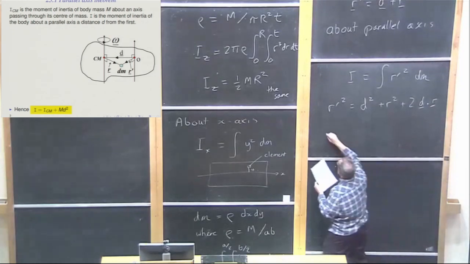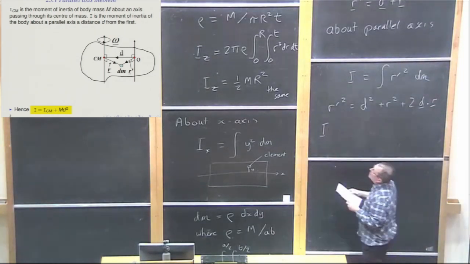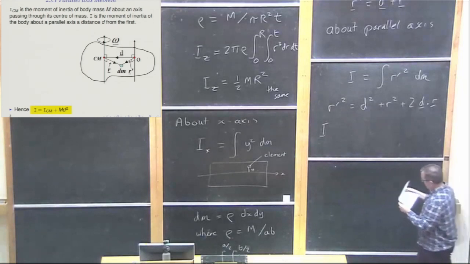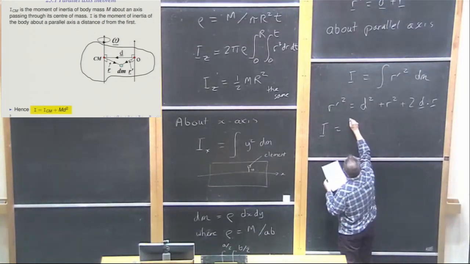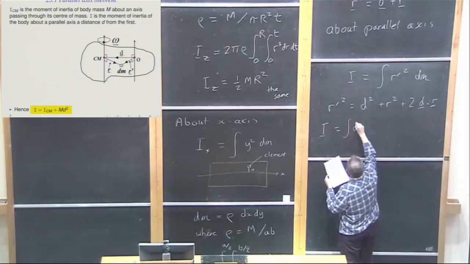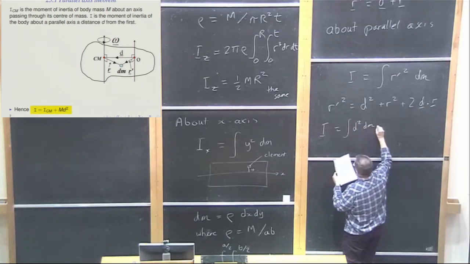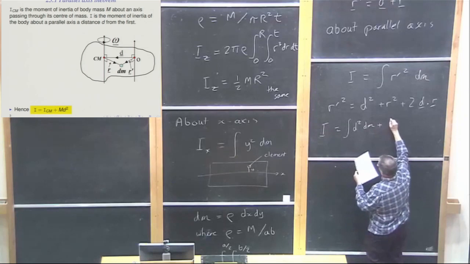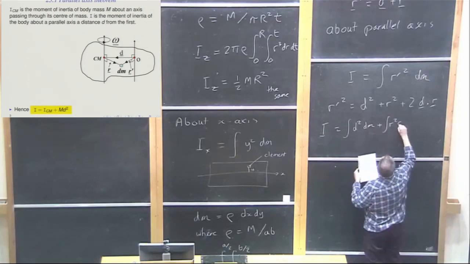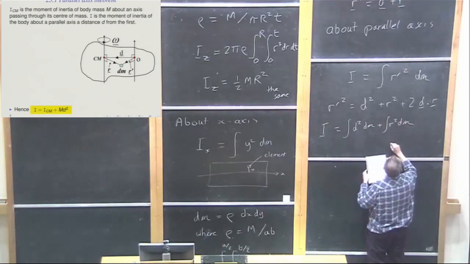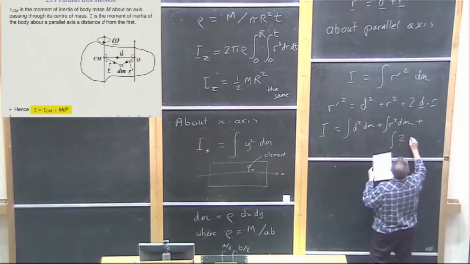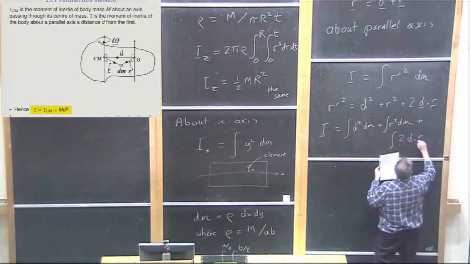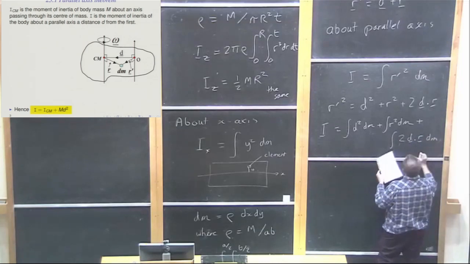So I then, the moment of inertia around this parallel axis, is going to be given by the integral over each of these three terms. So d squared dm plus r squared dm plus the integral of 2d dot r dm. Okay.